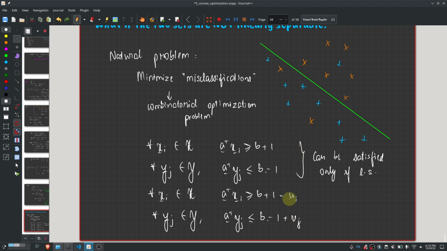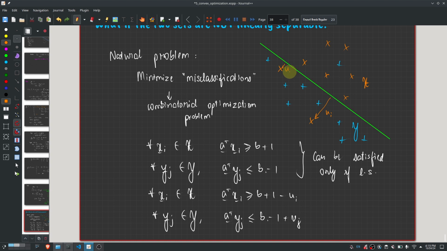Loosely speaking, suppose this is my set X and the blue points are my set Y, then each ui would essentially be this distance. You should think of each ui as how far away you are on the opposite side of the hyperplane.